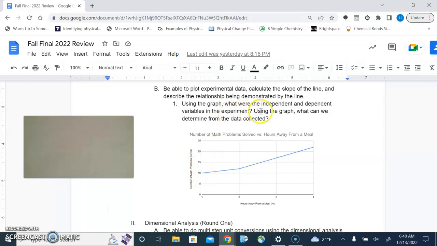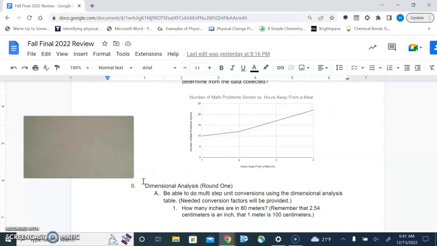So the independent variable always goes on the x-axis. That is frequently time. If we're using a line graph, it's whatever we're in control of that we are changing on purpose. The dependent is what we're interested in, what we're measuring. So the independent would be hours away from the meal, dependent how many math problems people could solve. And we can see that as we are getting further away from the meal, people are able to do more, is what that graph is showing.